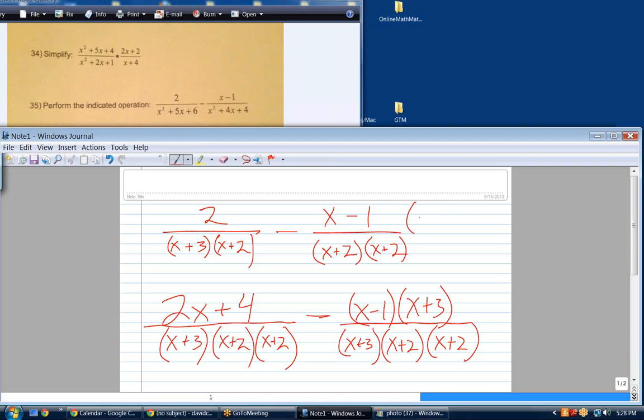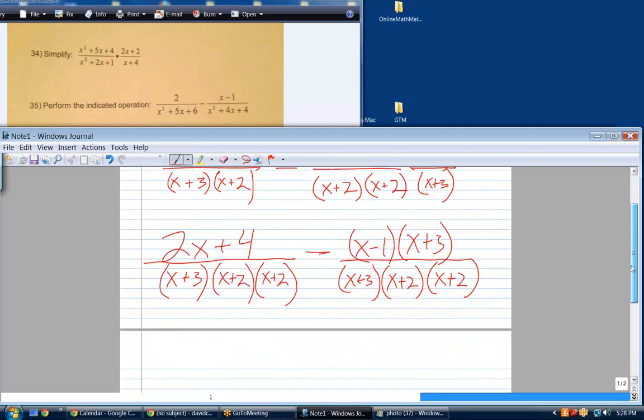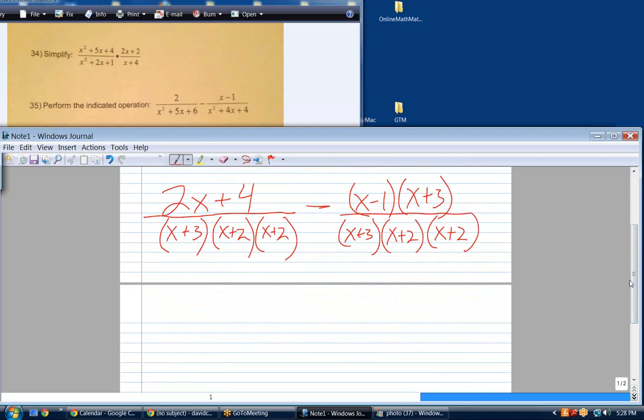In other words, what I did was this. Okay, so now it's just a question of simplifying and distributing the top and see what we have. Well, let's FOIL these two together first.